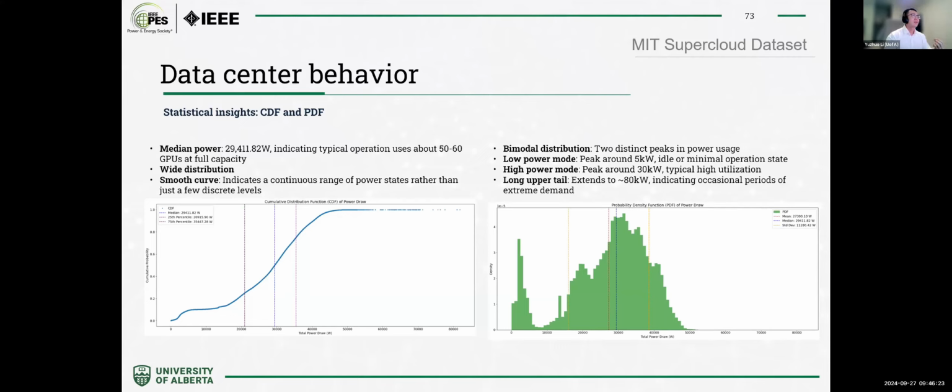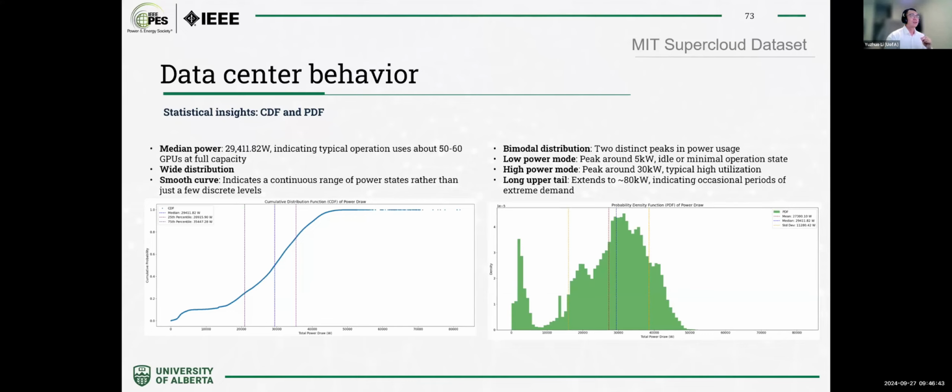For the probability density function, we can say a bimodal distribution exists. In the low power mode, the peak is around 5 kilowatts, and in the high power mode, the peak is around 30 kilowatts.